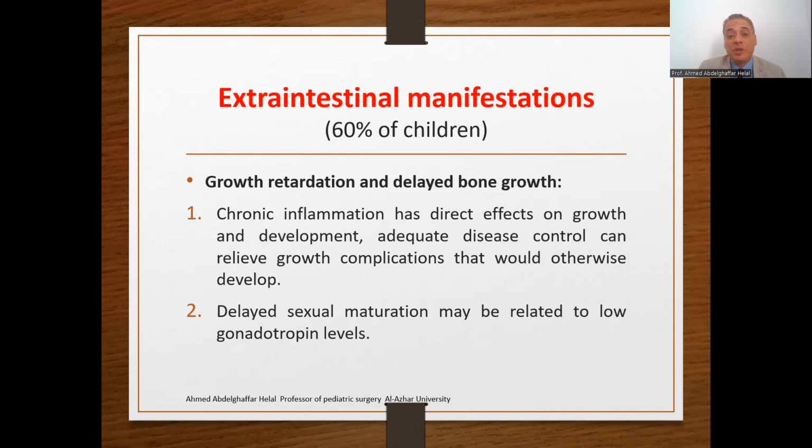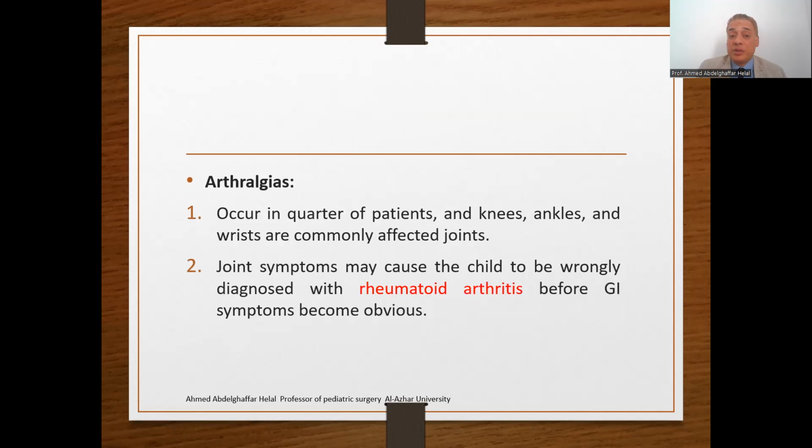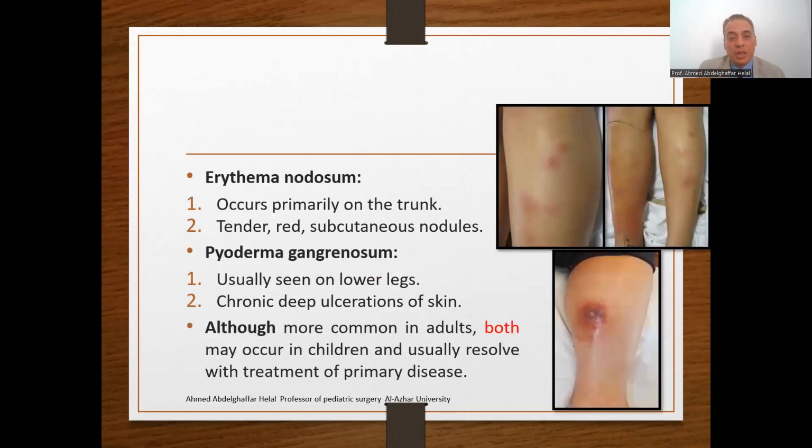Number two, delayed sexual maturation may be present and is related to low gonadotrophin levels. Arthralgias may occur in about a quarter of patients and are usually misdiagnosed as rheumatoid arthritis before the gastrointestinal symptoms become obvious, and these children may be wrongly treated as rheumatoid arthritis.